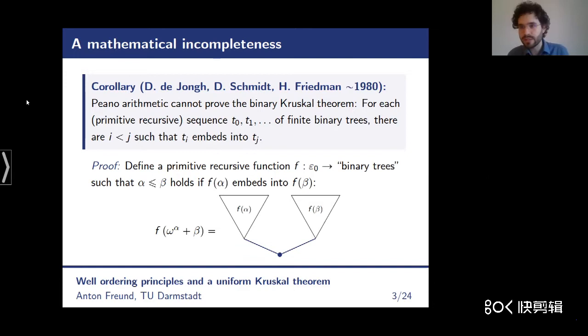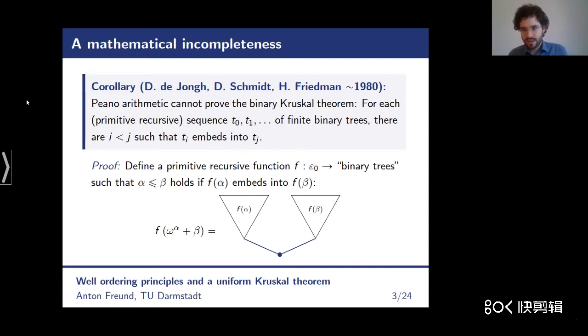So in any infinite sequence of trees, one tree can be embedded into a later one. And here I'm considering Kruskal's theorem for binary trees only, so this becomes an even simpler, even weaker statement. And even this weaker version of Kruskal's theorem for binary trees, I claim, is unprovable in Peano arithmetic.